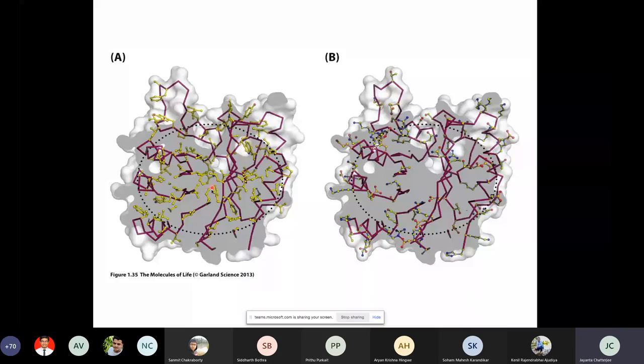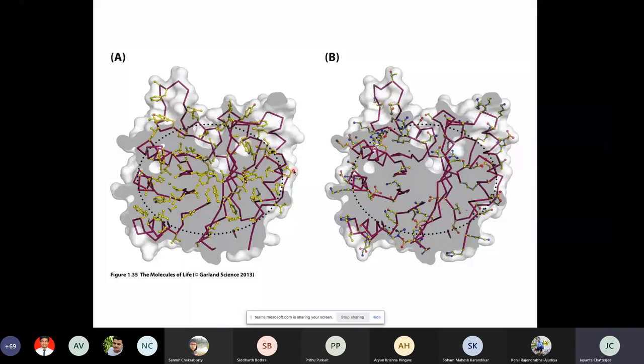And in yellow are the amino acids. Some of them you can recognize. For example, we have a phenylalanine here, a leucine here, a tryptophan here, an alanine here, another leucine here. All the hydrophobic amino acids are typically present in the core.